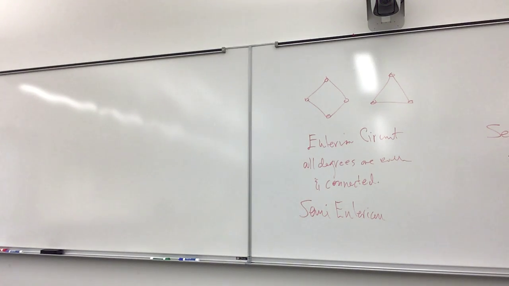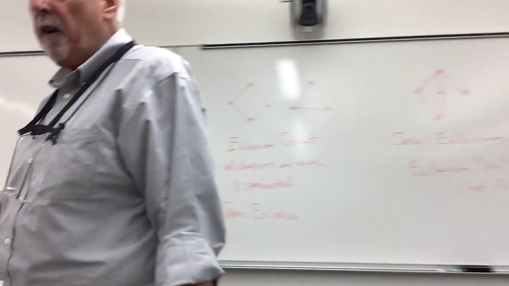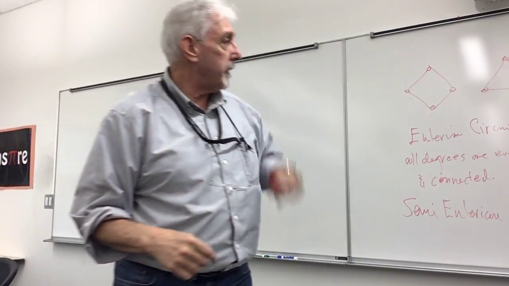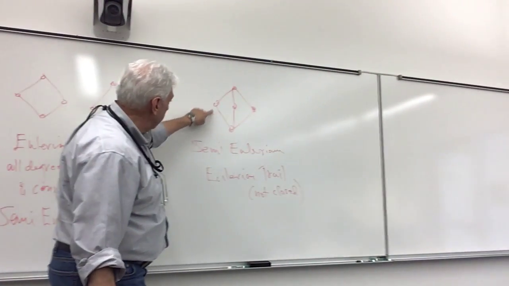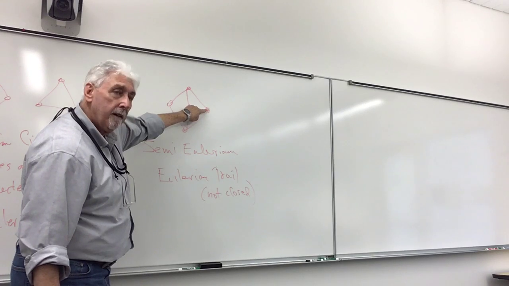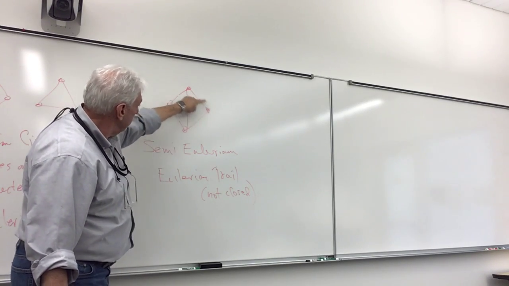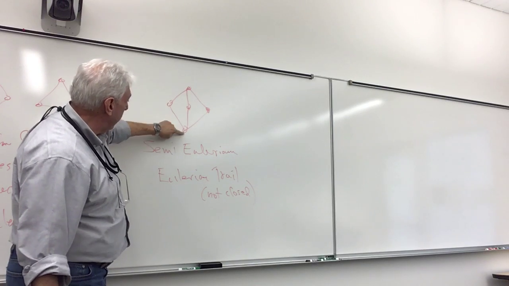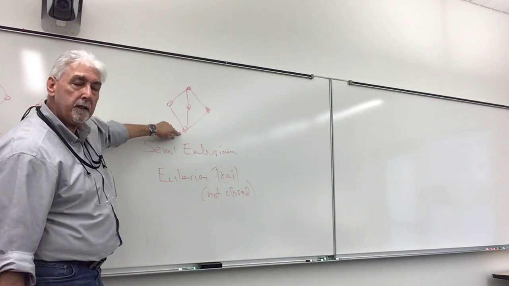Connected. Okay, that's important. So there's an Eulerian trail which goes from the vertex of degree 3. By the way, just to make sure you see it, I go down here, and I can go up here, and then I go out here and here. So it contains all the edges, but it starts here and ends here. So it starts at the odd vertex and ends at the odd vertex.